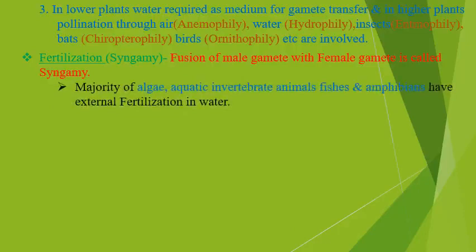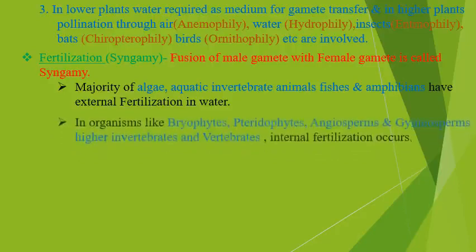Majority of the algae, aquatic invertebrate animals, fishes and amphibians have external fertilization in water. Means whenever fertilization takes place outside the body of the organism, it is called external fertilization.